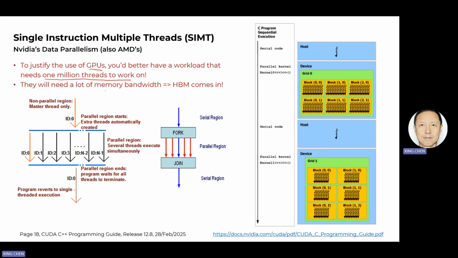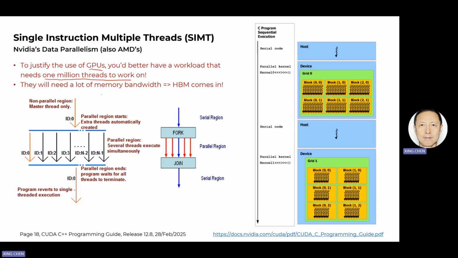You need to have a big workload to offload to the GPU, and this workload has to be enough for minimum 1 million threads.